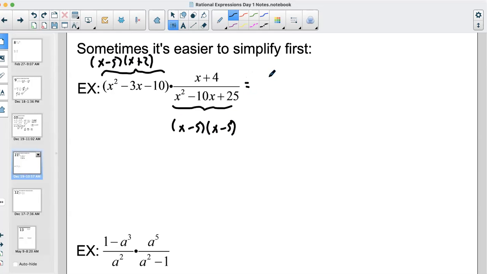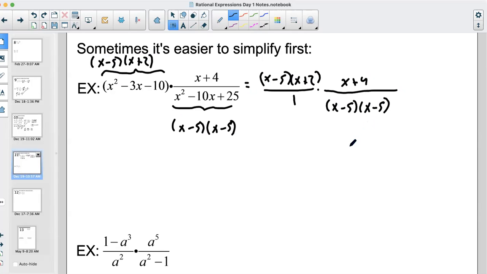So really this thing is x minus 5 times x plus 2 over 1, because it's just by itself, so it's over 1. And then x plus 4 is on top, and the bottom here we said was 2 times x minus 5. I can see that there's a factor of x minus 5 on the top and the bottom I can cancel out. That's all I can cancel. I get x plus 2 and x plus 4 on top still, and one lonely x minus 5 left on the bottom.